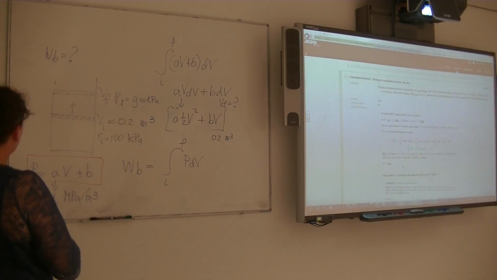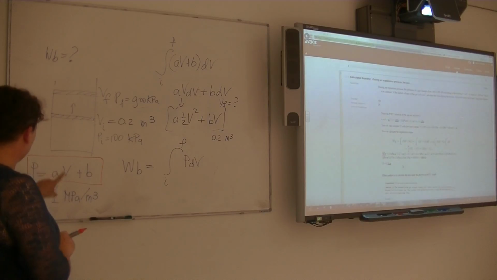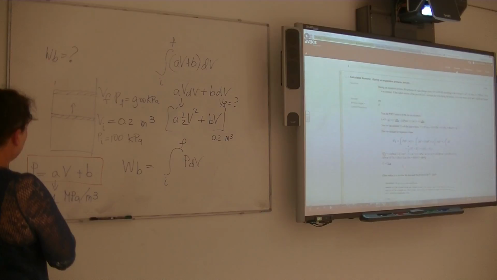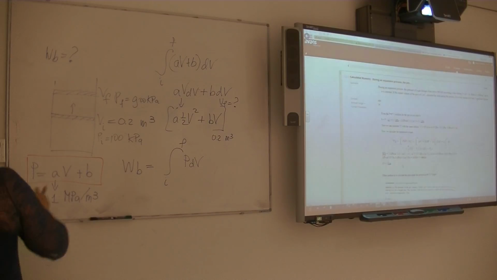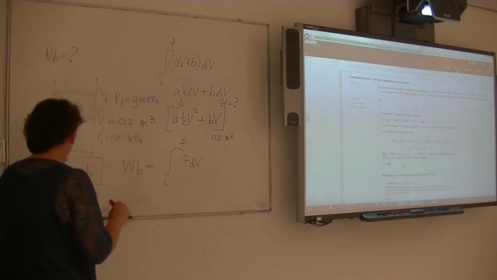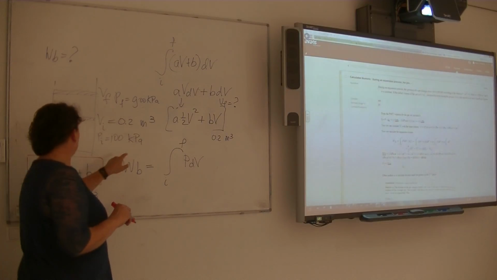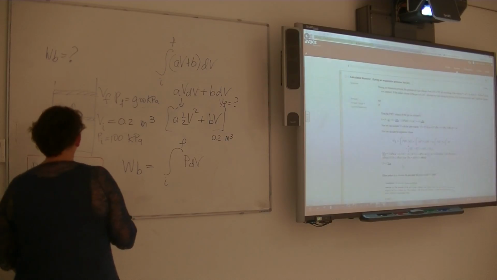We know that pressure equals A times V plus B, and we know that A is 1 megapascal per cubic meter, so that's 1,000 kilopascal per cubic meter. If we look at the initial situation, then we know that volume is 0.2 cubic meter. We know that the initial pressure is 100 kilopascal.